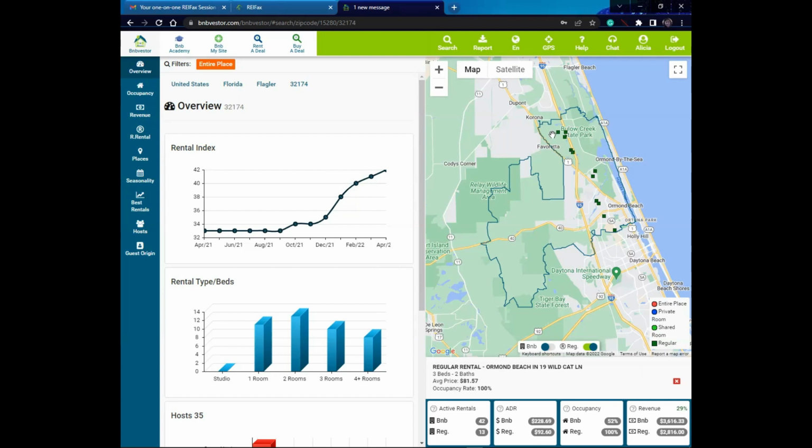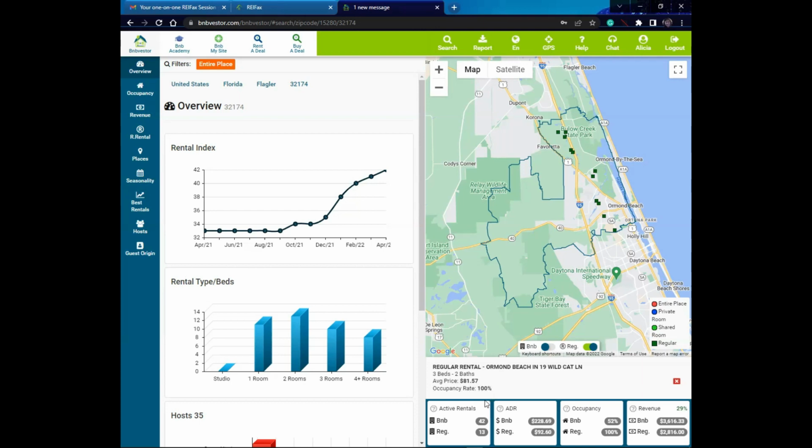So looking at the green ones will give you an idea of what properties are for rent, and you would be able to see, for example, that for the one that I just clicked on, in that area for BnB, this type of property would have an average daily price of $81.57, and an occupancy rate of 100%.